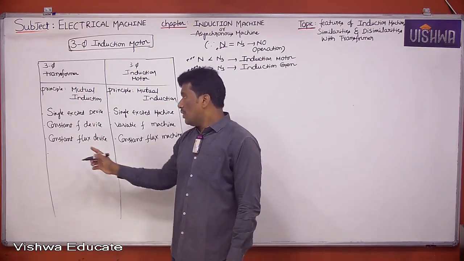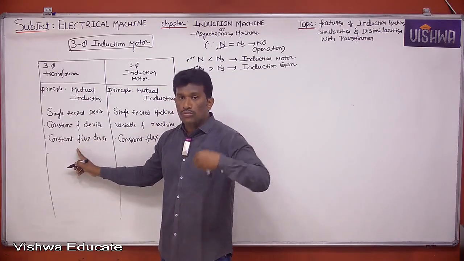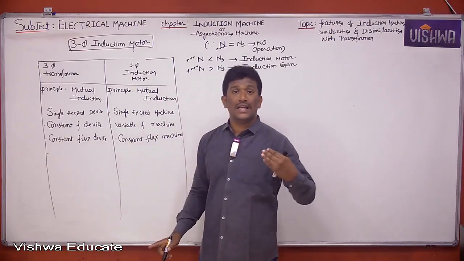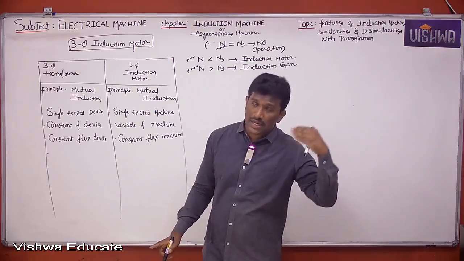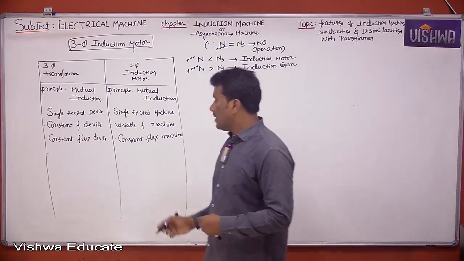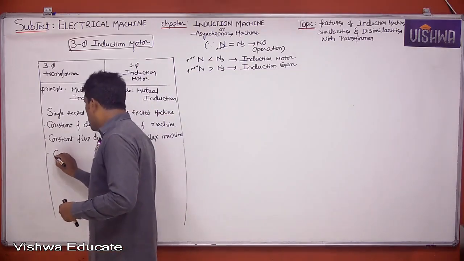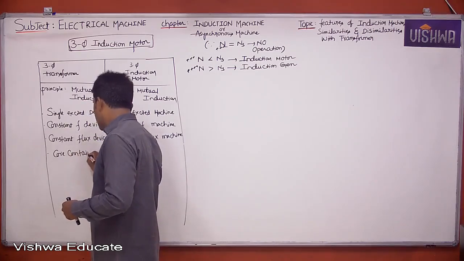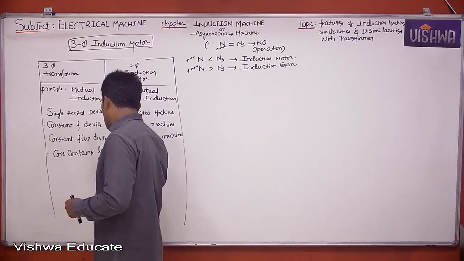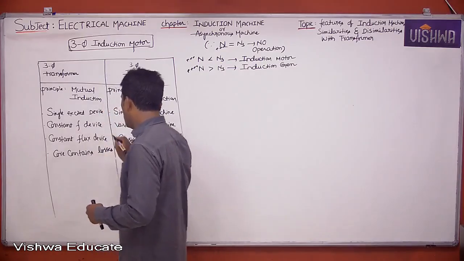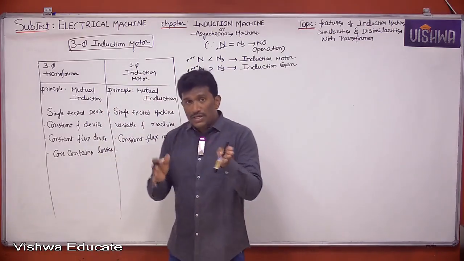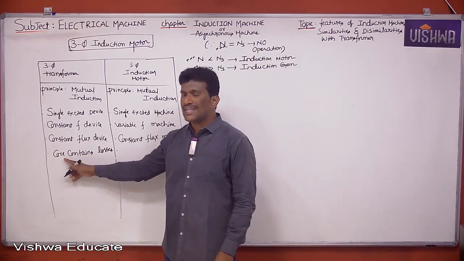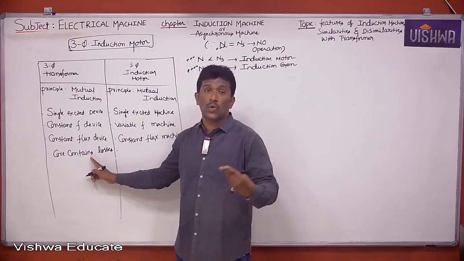And I told you already, to magnetize your transformer core, I need some current. That current can be called the magnetizing current, I mu. Let me write here: core contains losses. Between primary and secondary, flux is passing through the core. Core contains losses, and those losses can be called the core losses.